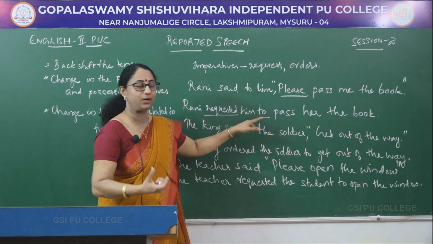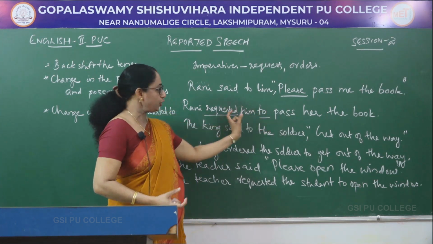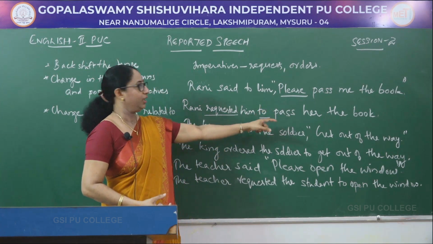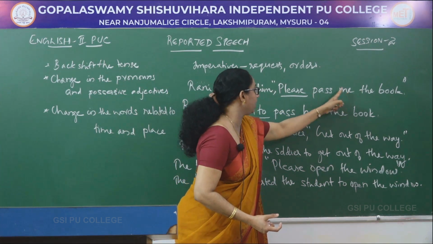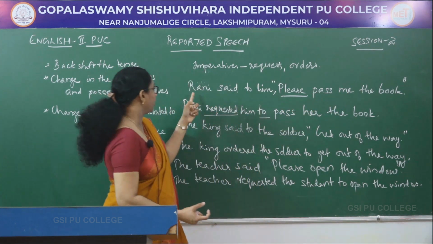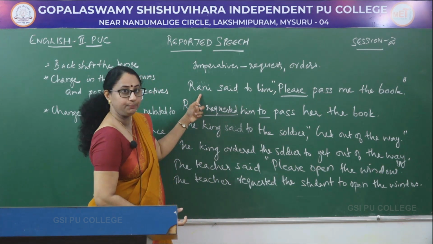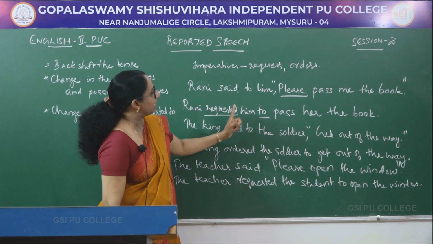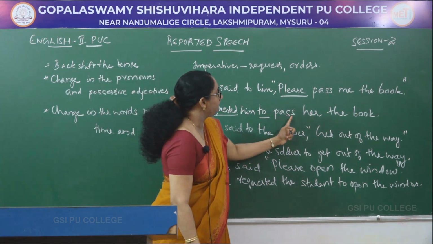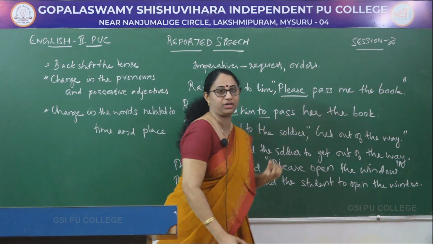So which is the linker? We use to connect these two. To pass, there is a change in the pronoun. Me becomes her because it is Rani, the speaker. So Rani requested him to pass her the book.